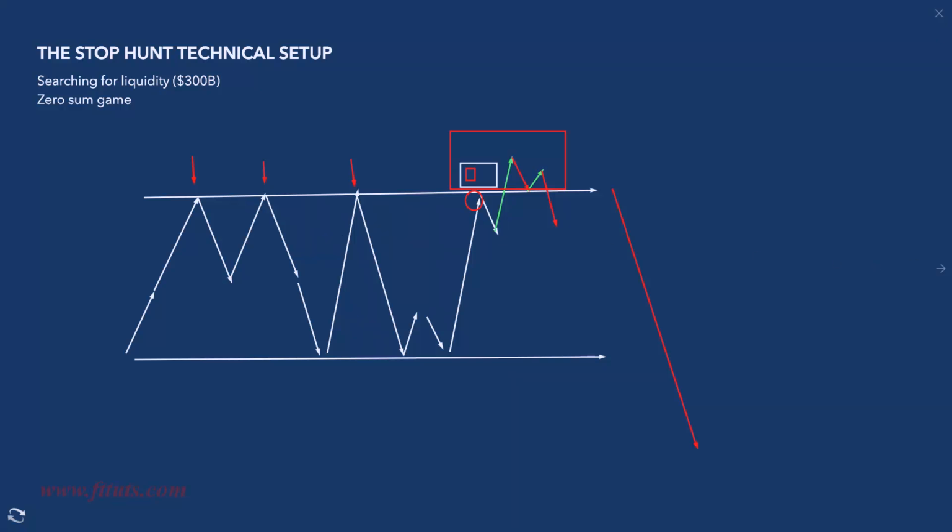The financial institutions are accumulating. So they're looking to sell in these areas here. They can disguise their iceberg orders. And then they manage to manipulate the market before driving prices ultimately lower.